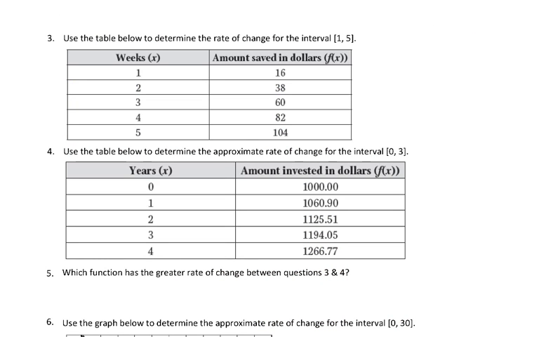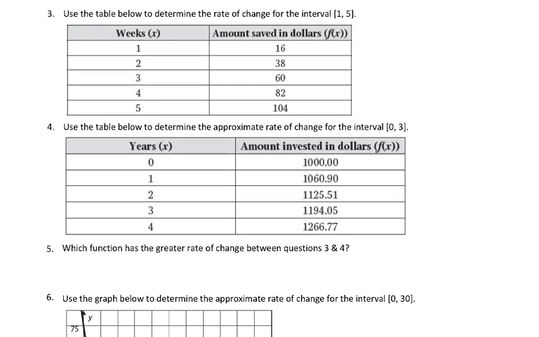Alright, now, doing some rate of change on intervals. So, remember, it's the change in y over the change in x. To find the x, I go 5 minus 1, which would give us 4, so my bottom number is 4.